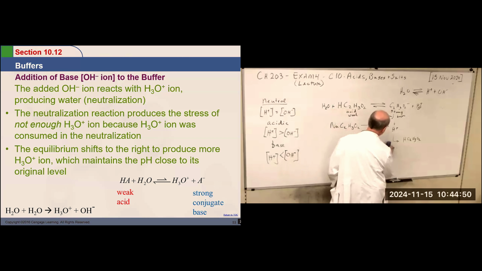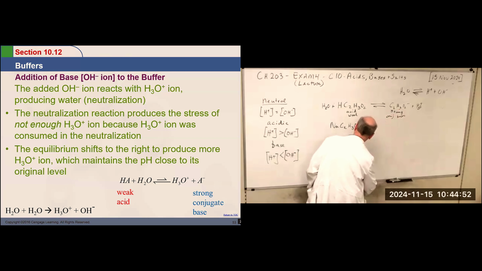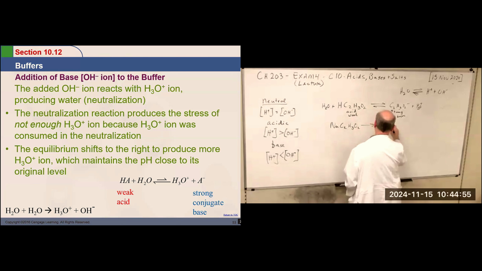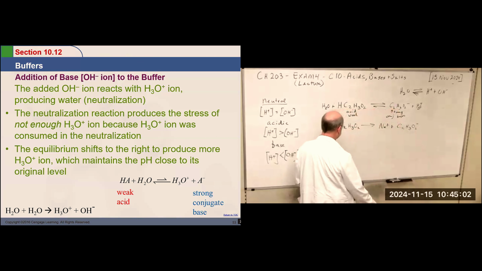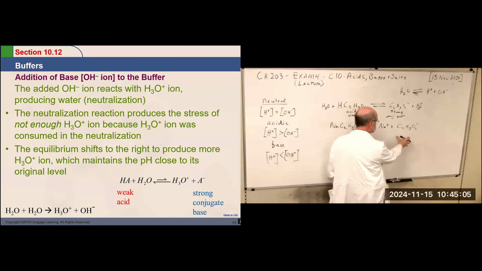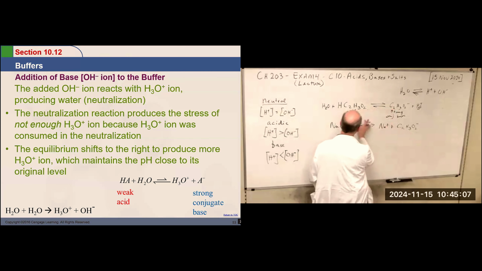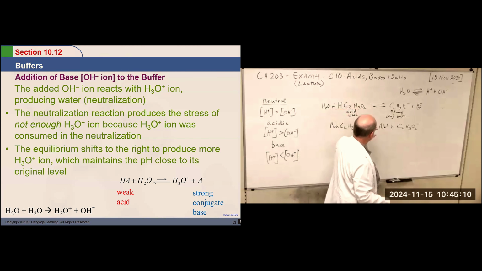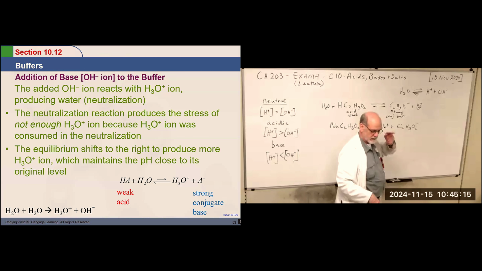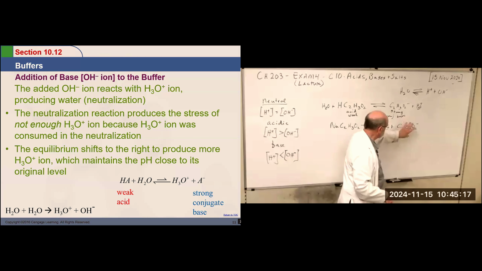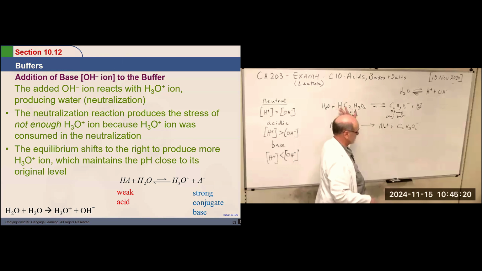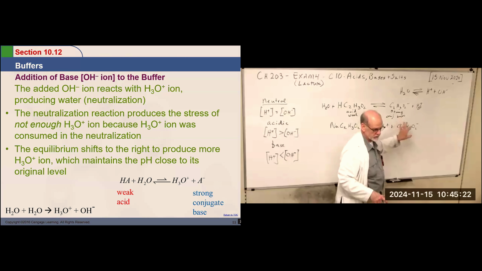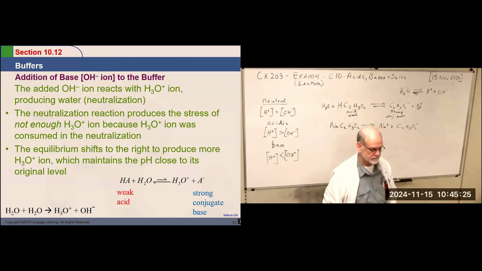Initially, it's going to produce sodium ions and acetate ions, and then this is going to react with water molecules and produce some of that. So that's a direct route to producing a buffer. Because once you get this, it's going to react with water and produce some of these. It just depends on how much of this you put in solution. That's one way to do it.